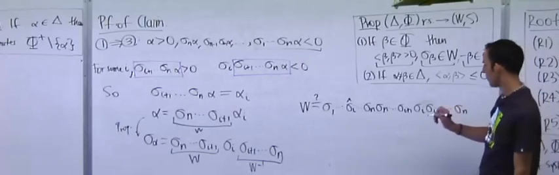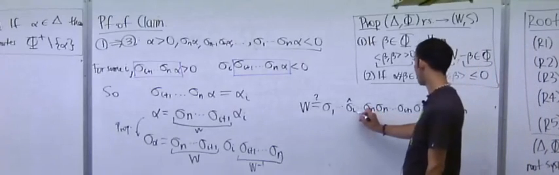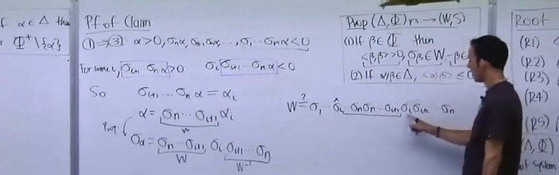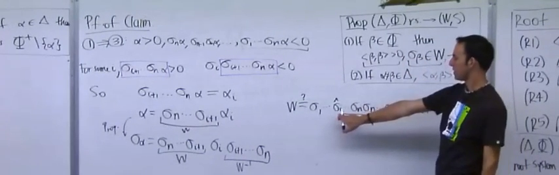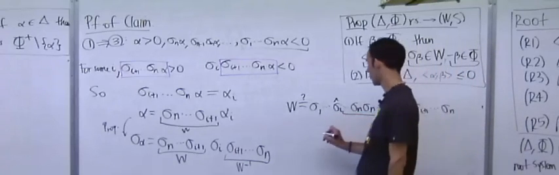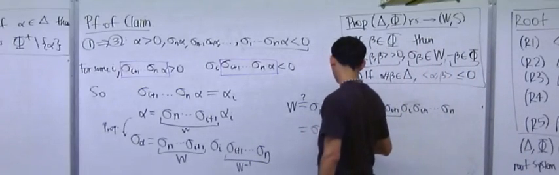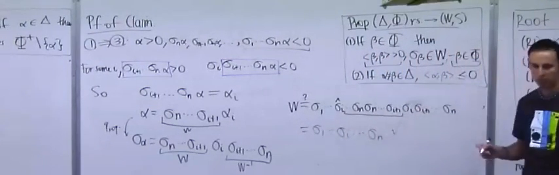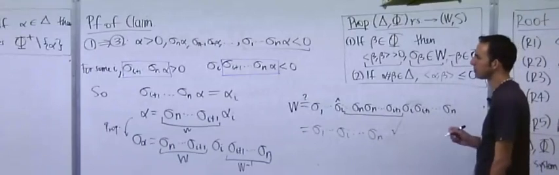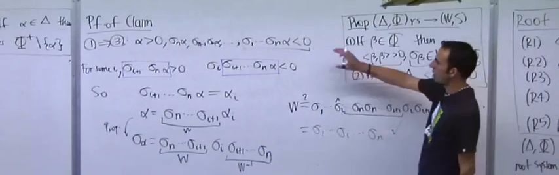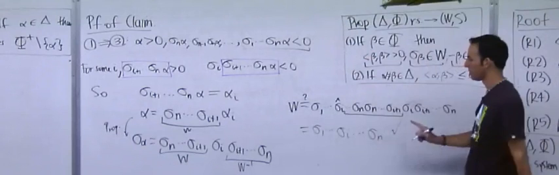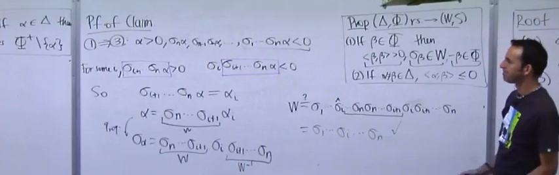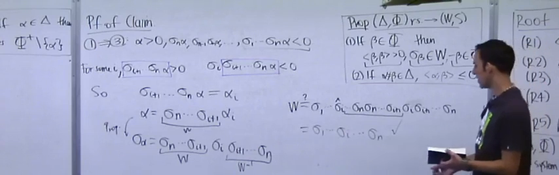And we're experts at this kind of equality, right? We know that basically all of these guys from i plus 1 up to n cancel all of these guys from n down to i plus 1. And then this sigma i takes the spot of the missing spot that it should be taking. And so the right-hand side is just sigma 1, then sigma i appears all of a sudden, and then I get sigma n. And this is true. This is the definition of w. So starting from 1, I got to 3. So that's my first direction.